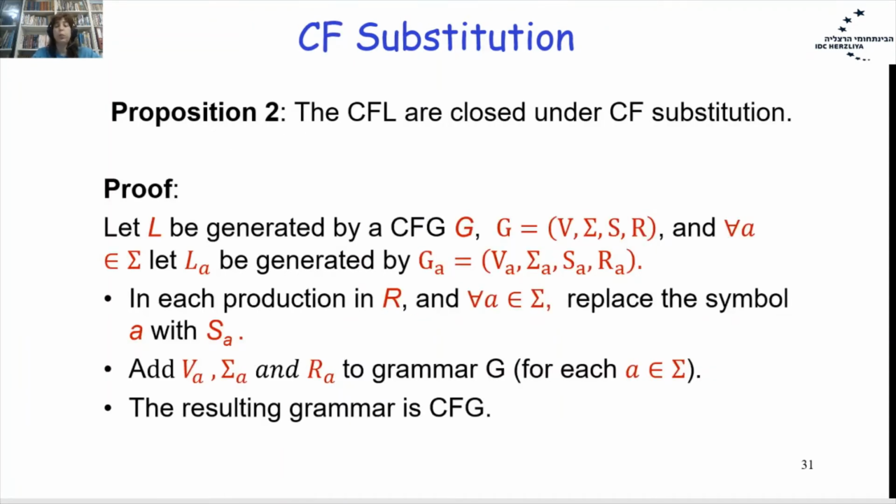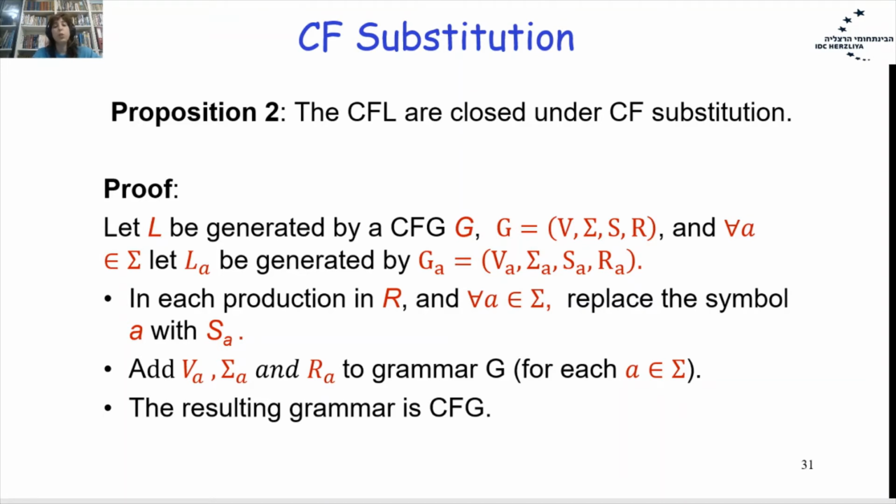Now let's prove proposition number 2 for context-free languages. The context-free languages are closed under context-free substitution. Let's prove this proposition. Let L be generated by some context-free grammar G, and for each letter A in sigma, let LA be generated by some context-free grammar GA.